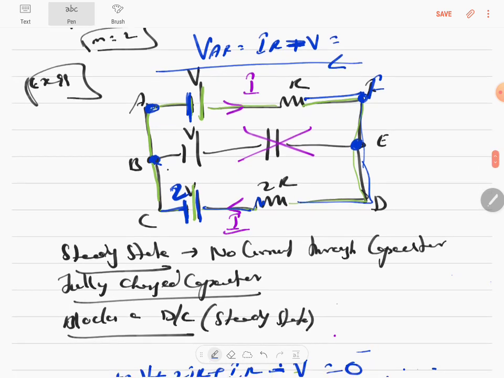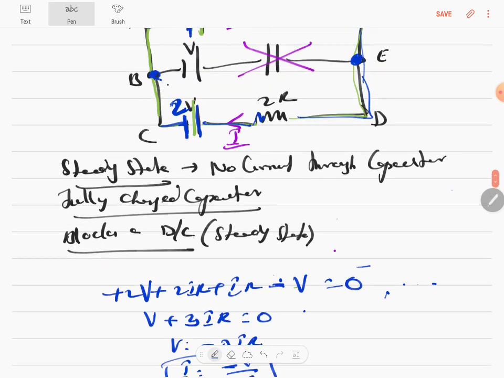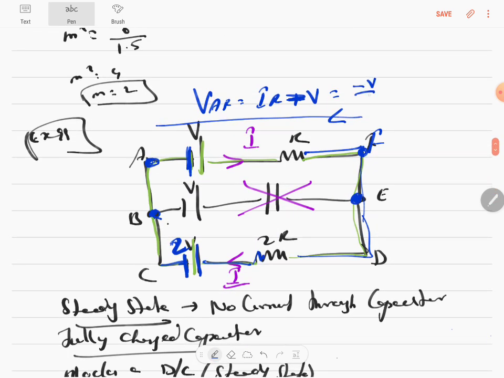What is I? I itself is minus V by 3R into R, minus V, where R and R get cancelled. So it's minus 4V by 3. Minus 4V by 3 is the potential difference from the right end to the left end, which is the potential difference across AF, which should be the same in the case of BE also, because they are parallel connections.